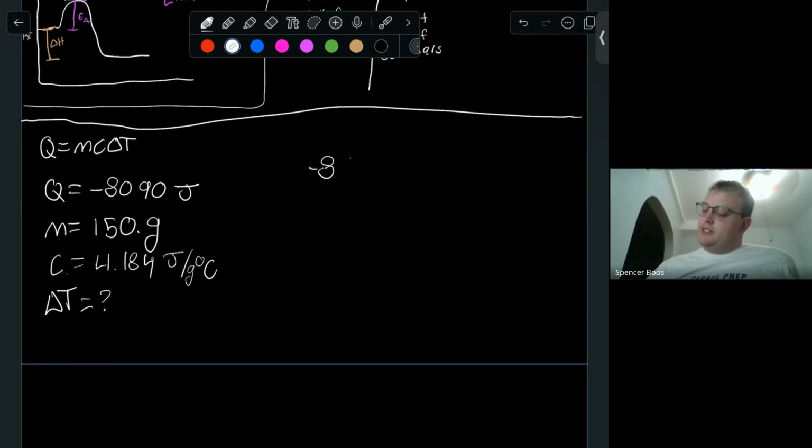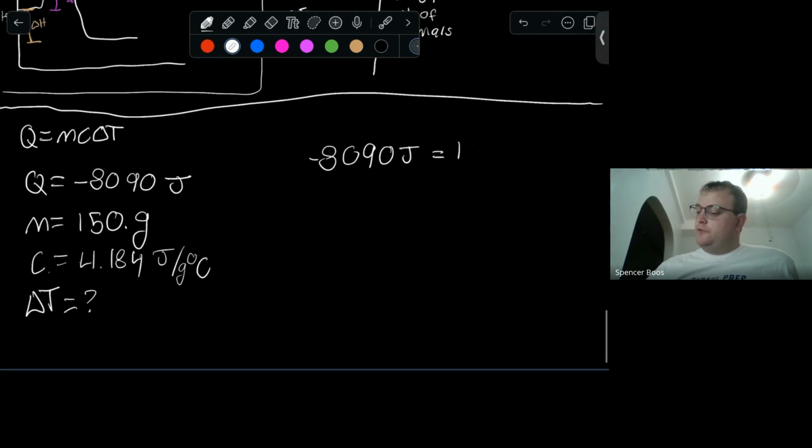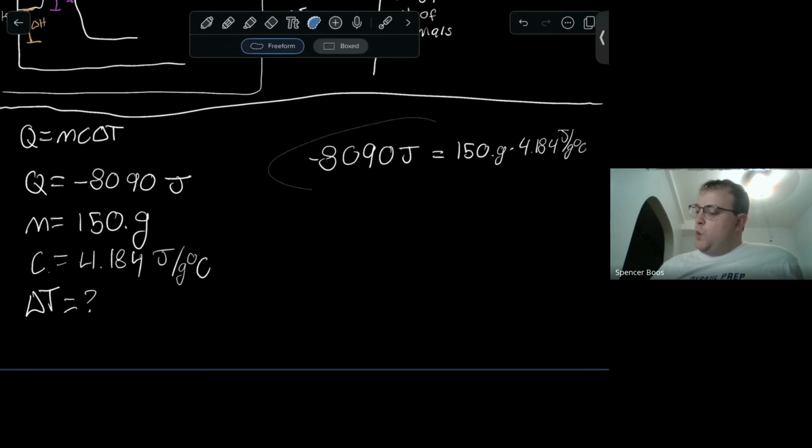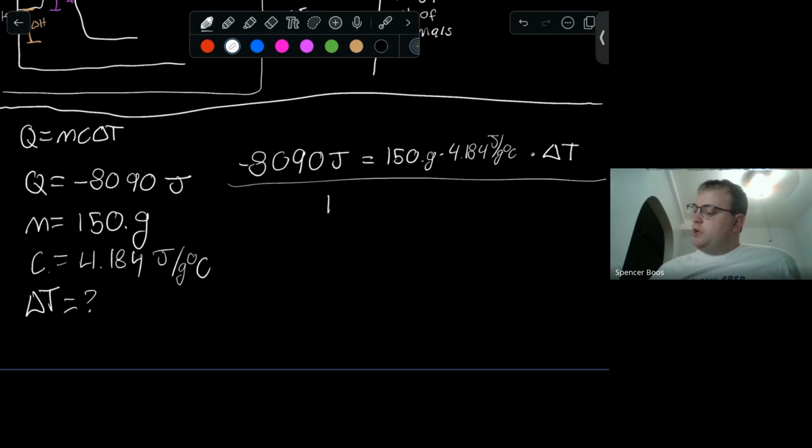Negative 8,090 joules is equal to 150 grams times 4.184 joules per gram degree Celsius, times delta T. So we just divide both sides by 150 grams times 4.184 joules per gram degree Celsius.